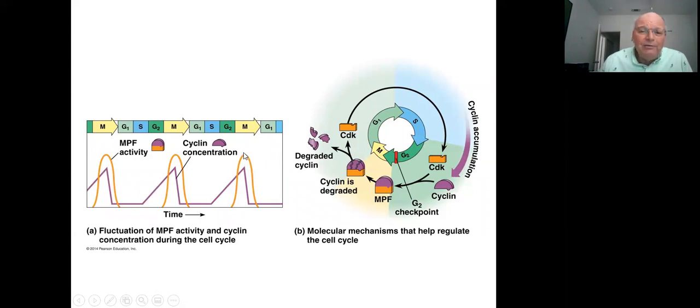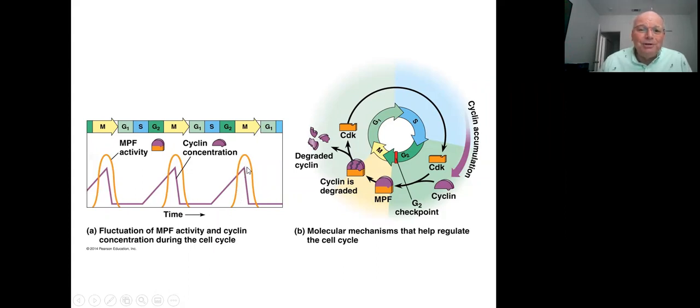But the MPF activity declines again when cyclin concentration declines. And the reason why is because throughout all of this time period that cyclin is accumulating, it's specifically protected from being degraded.